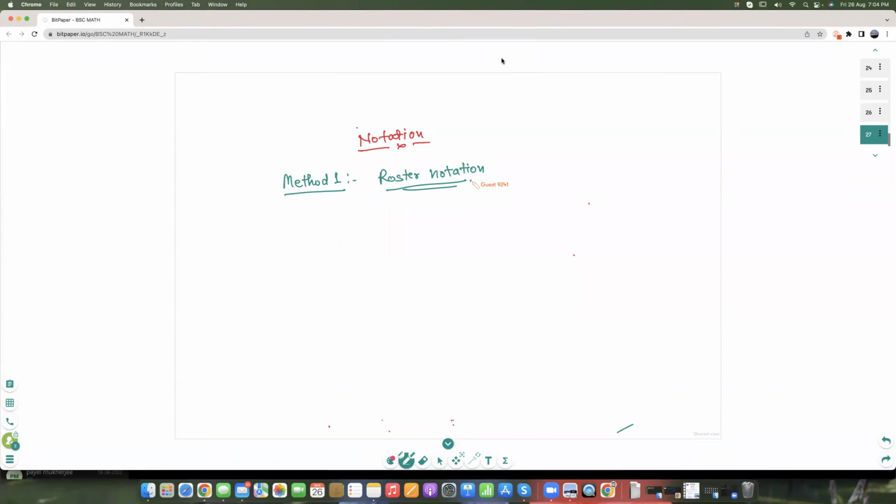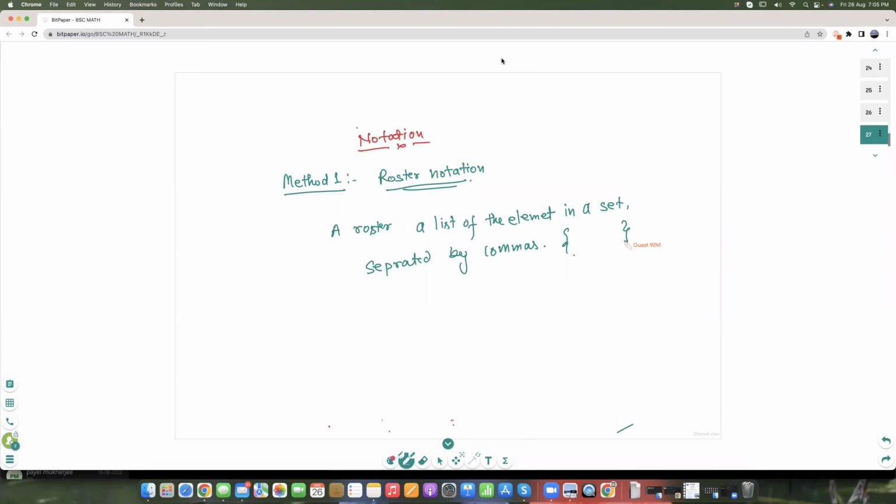So actually, what is roster notation? It's just a list of all the elements of the set, separated by commas, and surrounded by curly brackets.